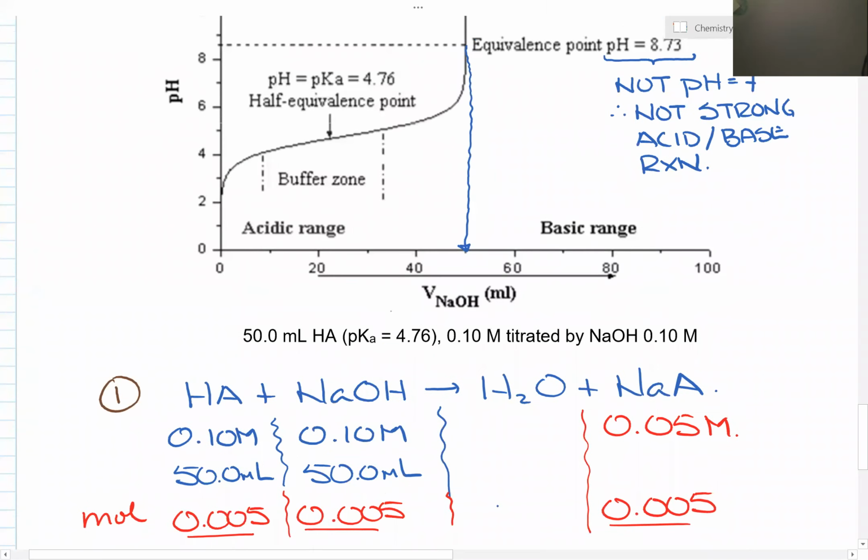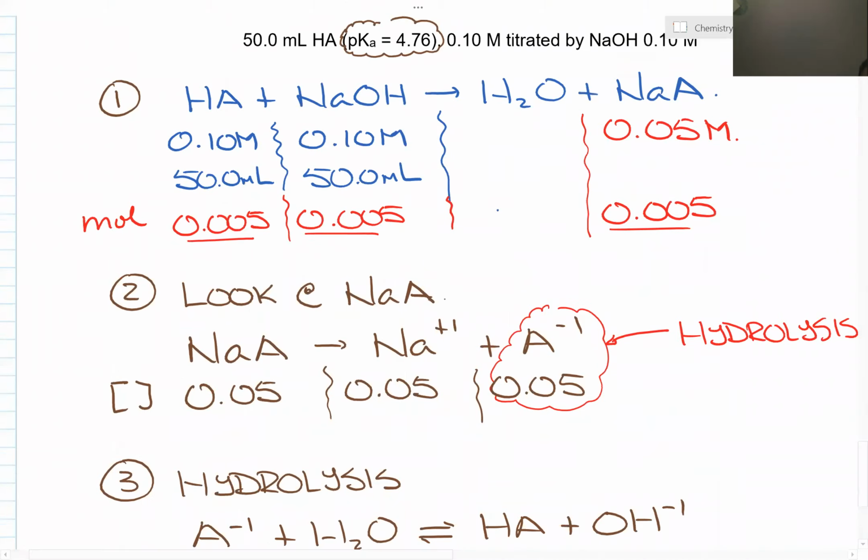Oh, but look, I gave you the pKa value. With pKa, you can find Ka. Remember, pKa is just the negative log of Ka. So to find Kb, we would use our pKa value.